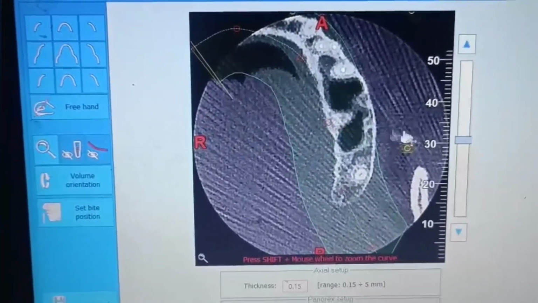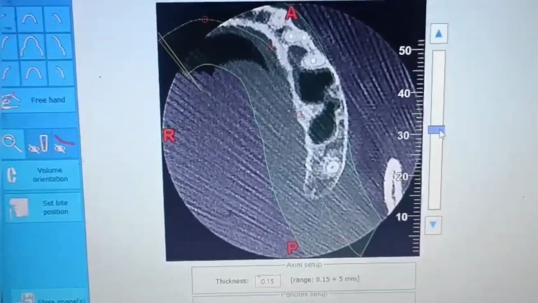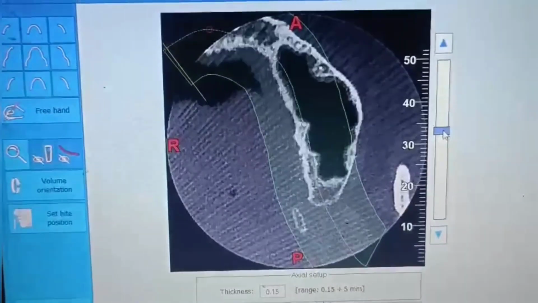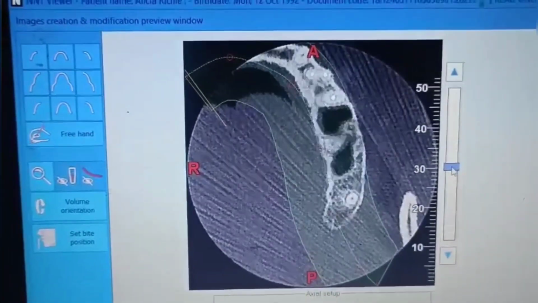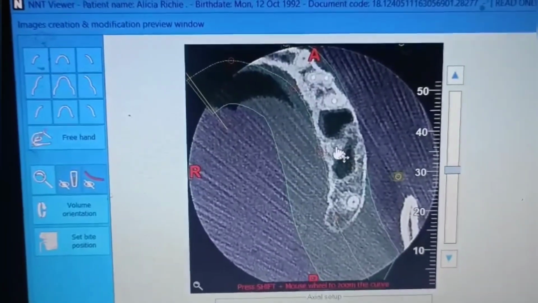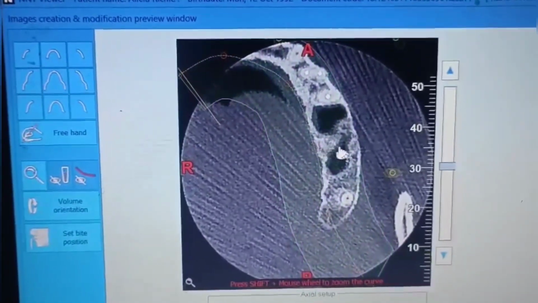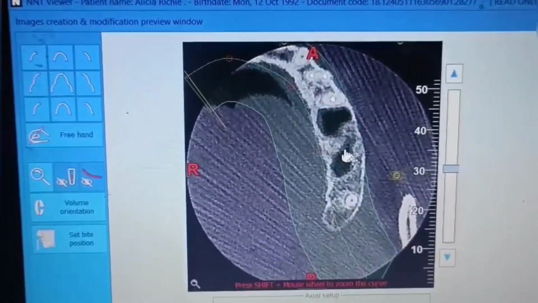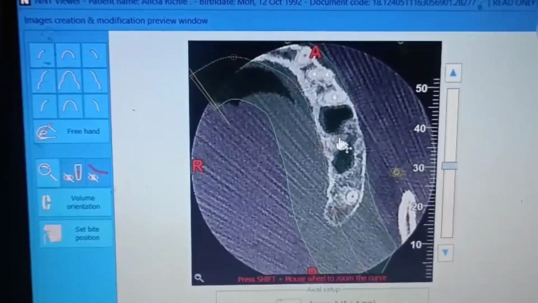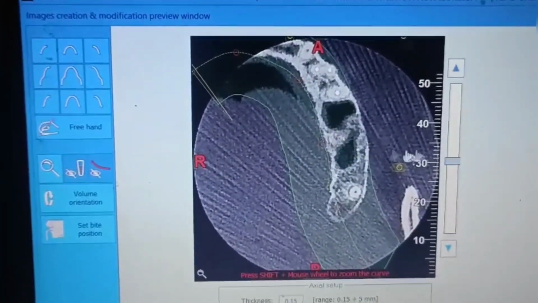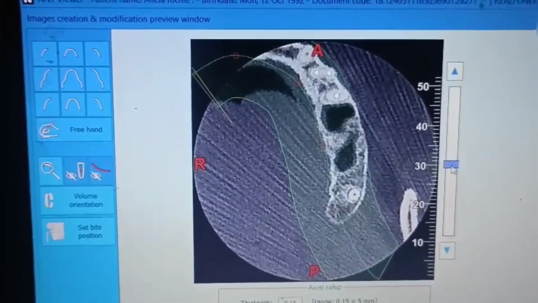So if you're planning an implant here, and you go still further, see the whole area open up into the sinus. So if you go sinus down, you can see the palatal area having a little bit of bone. So if you're planning an implant here, it should be with a sinus lift in the palatal region of the first molar. That's how the CBCT explains.